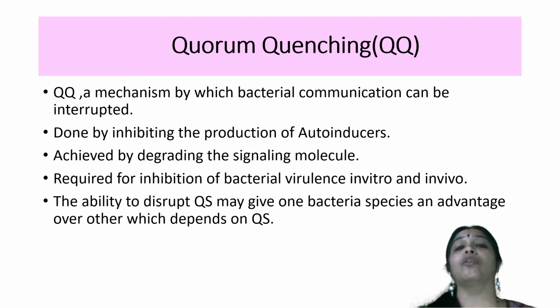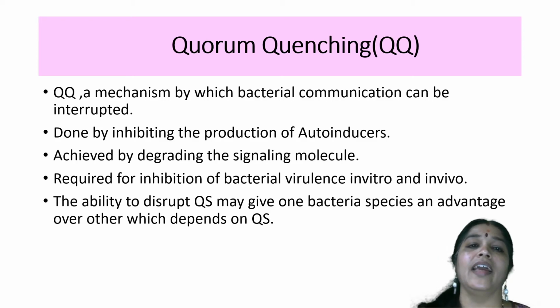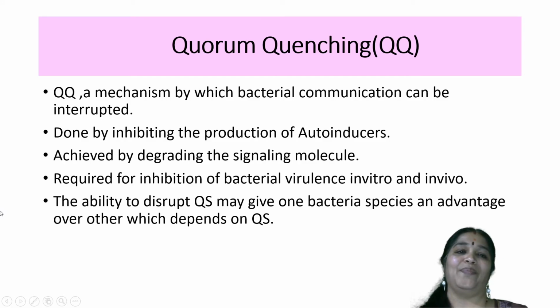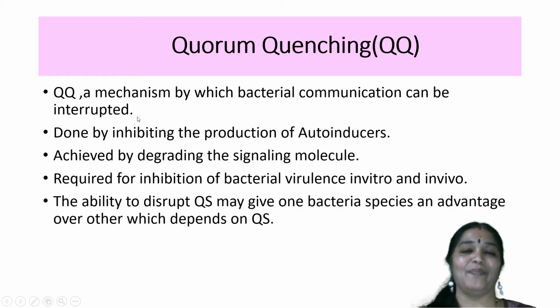Now, we cannot go on with quorum sensing if virulence is concerned or biofilm formation is concerned. There are many disadvantages here. So now our savior is quorum quenching. It's abbreviated as QQ. It is a mechanism by which bacterial communication can be interrupted.